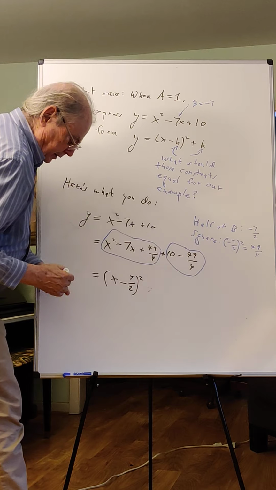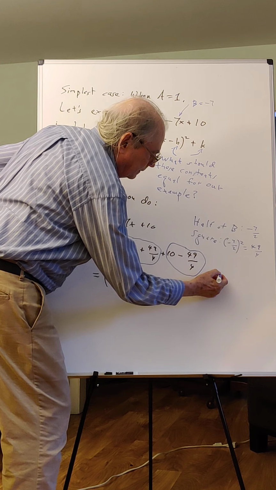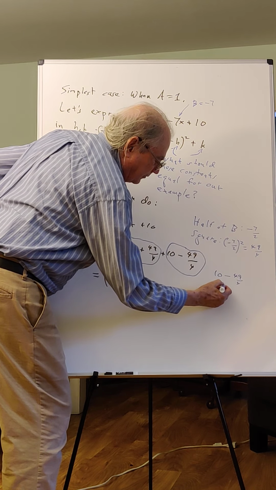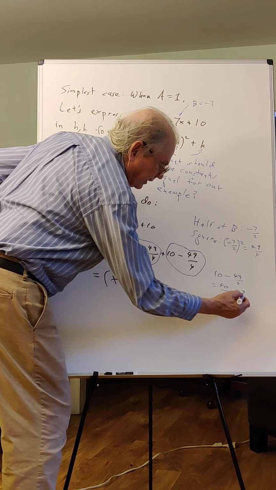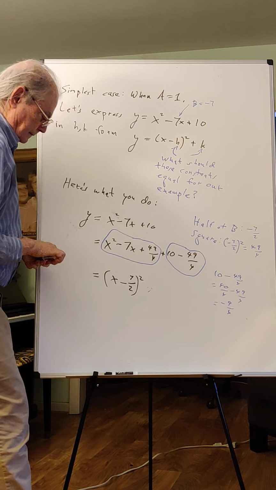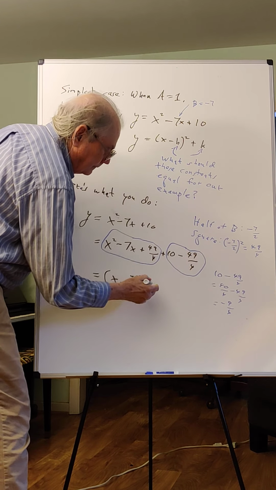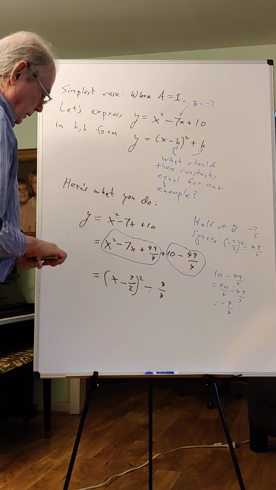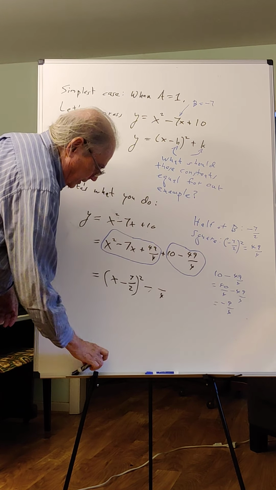So 10 minus 49 over 4 is 40 over 4 minus 49 over 4, and that's negative 9 over 4. Okay, can you read that? It's a 9 over 4.